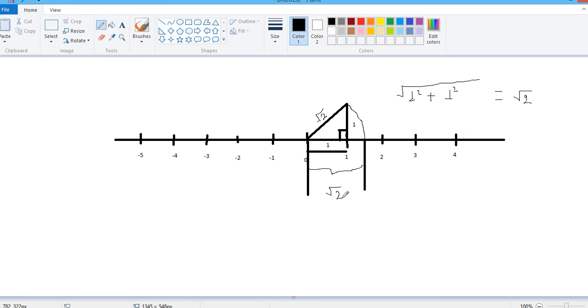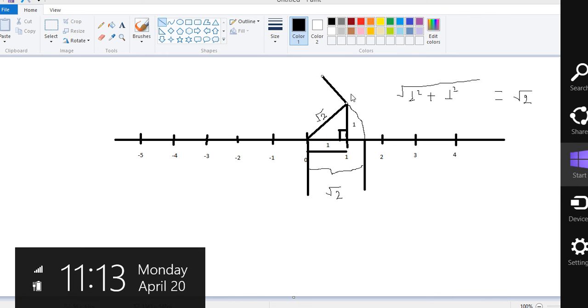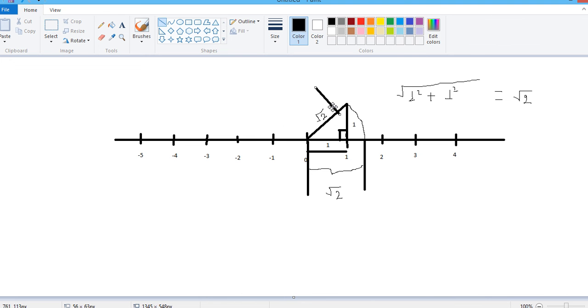So in the same way, you can draw what root 3 will be on the number line. So what will be root 3? That is 1.732, so it will be behind 2, and for that you can draw a perpendicular from this line to here. That should be a perpendicular to this line.